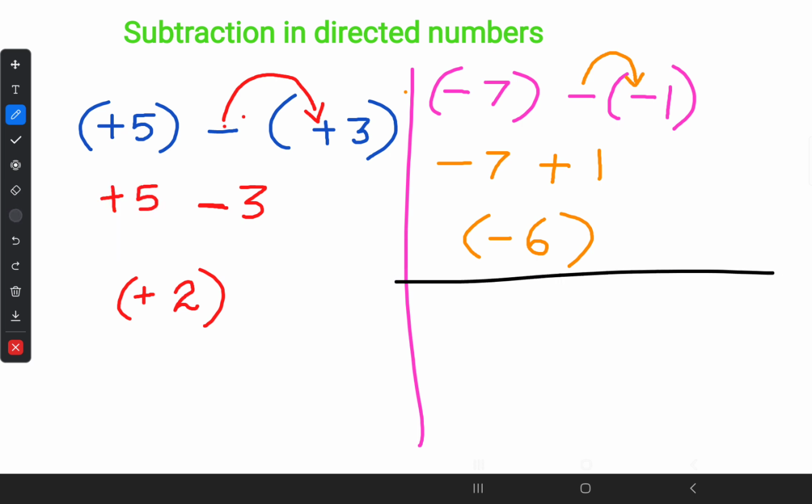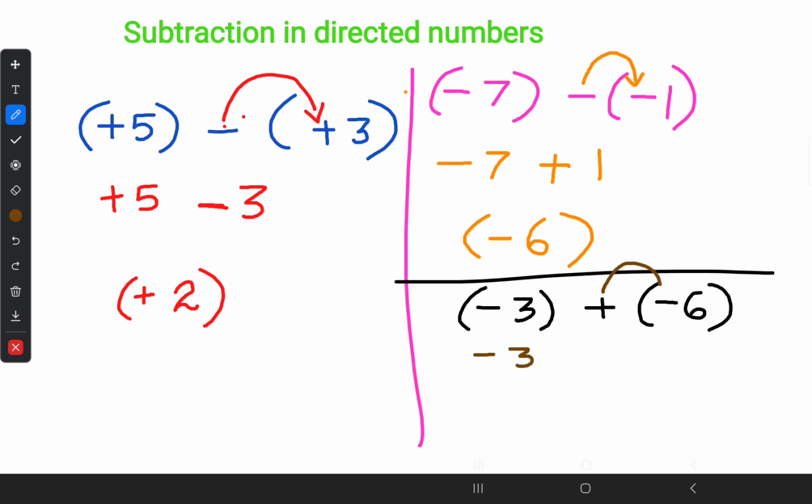Okay, let's look at another example as well. Negative 3 plus negative 3, no, negative 3 plus negative 6. Here, negative 3 remains the same.